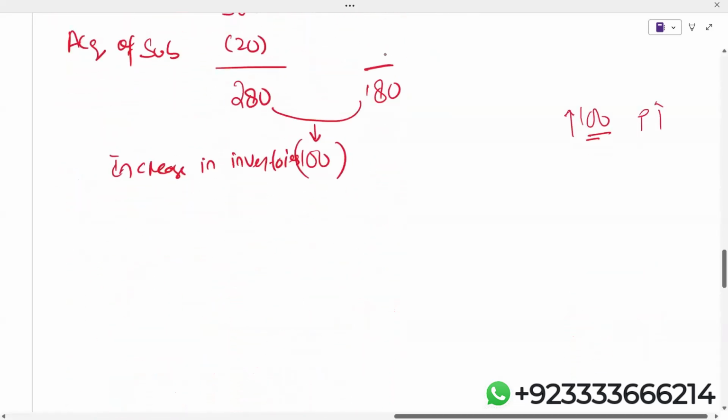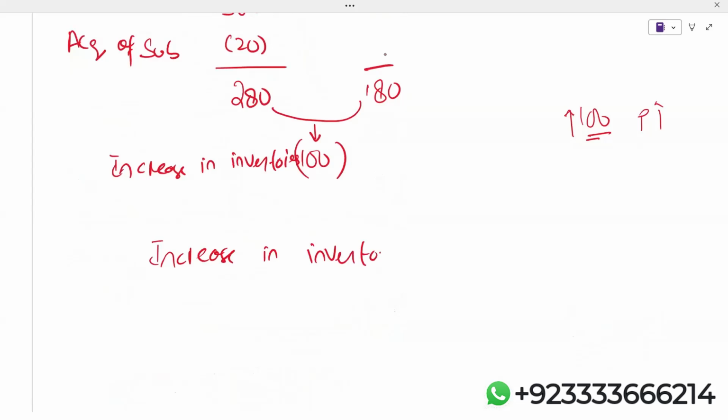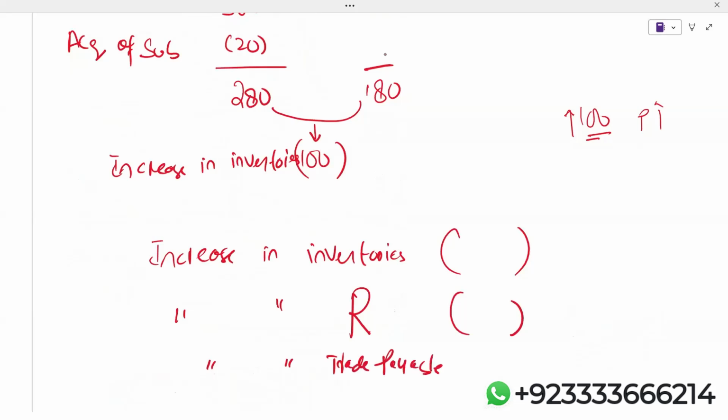If there is an increase in inventory, as we discussed in the very first class, we show that as an outflow in the group statement. Increase in receivable, outflow. If there is an increase in trade payable, then I'll show this as an inflow. Of course, a decrease will be exactly opposite.